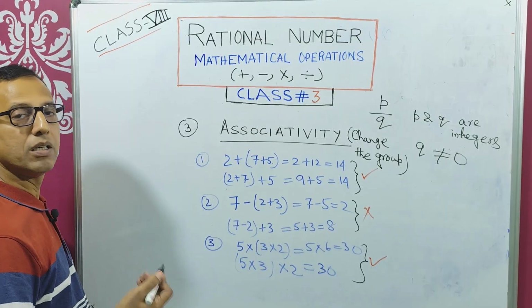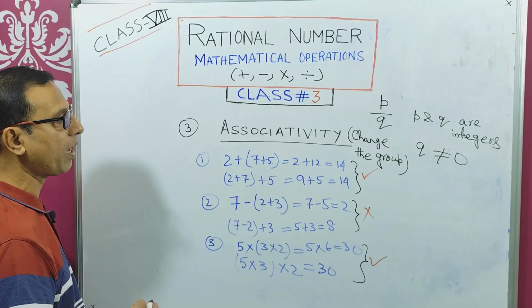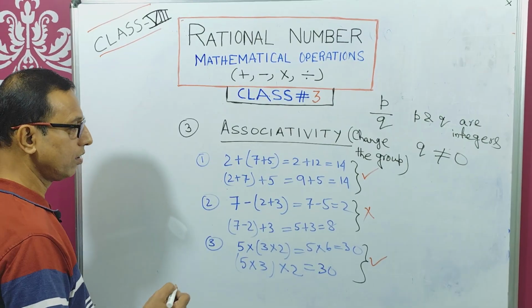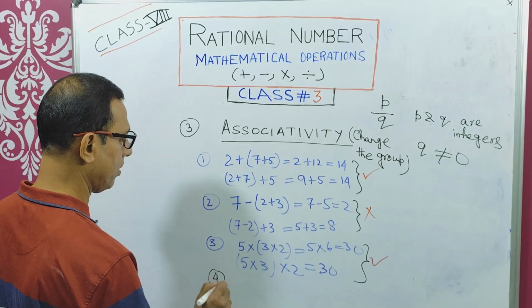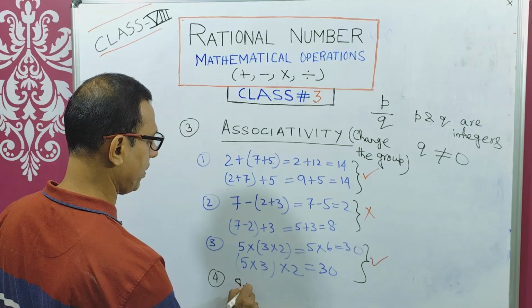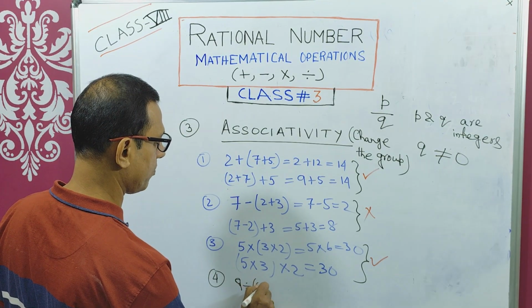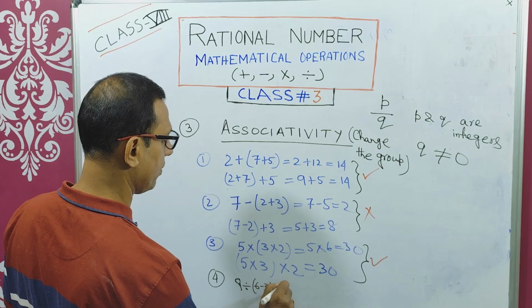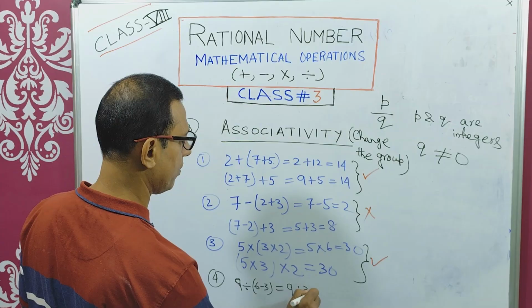What about division? Division, same thing. Division and subtraction do not support commutativity for two numbers. The same thing will happen for associativity also. So for division, let's say 9 divided by 6 minus 3 equals 9 divided by 3 equals 3.